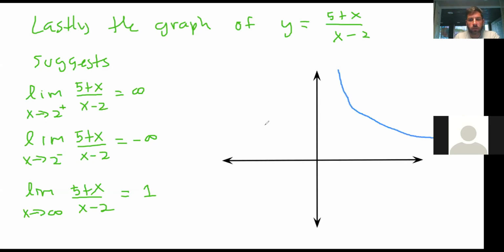The graph's going to look just like this. It's going to have an asymptote at x equals 2. We'll define asymptotes soon enough. And then it's going to have a horizontal asymptote at 1.